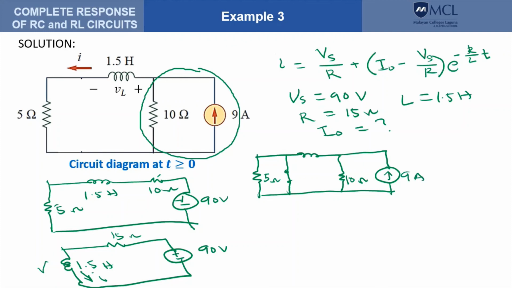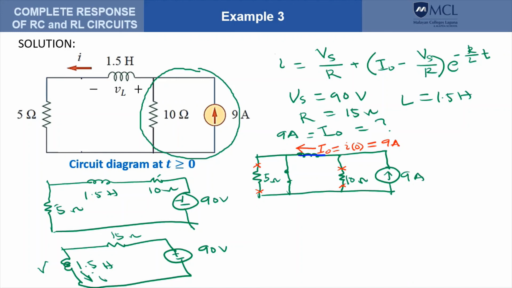Now this is at steady state, so therefore the inductor is a short circuit, and that would mean that we could ignore the 5 ohms as well as the 10 ohms. So that means the current here at steady state, which is our I naught, should be equal to 9 amperes.